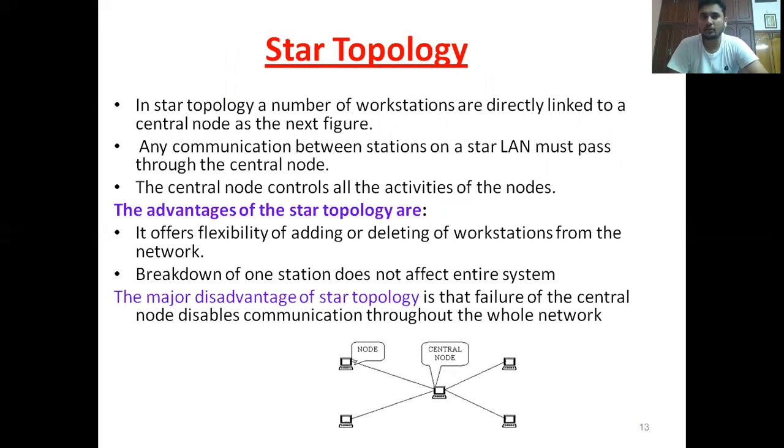The main advantage is that it offers flexibility of adding and deleting workstations. It is a bit easy to add and delete workstations by using this central node. But the major disadvantage is that if the central node fails, the entire system automatically collapses. That is the main disadvantage of star topology. The central node, the main node.